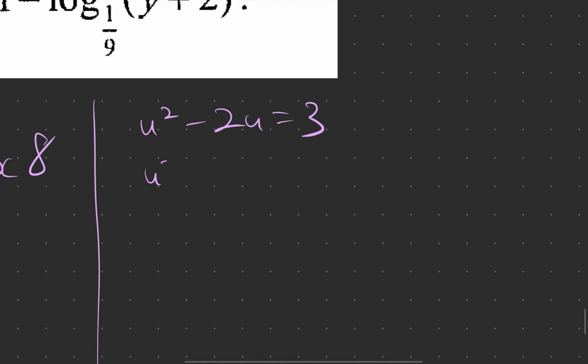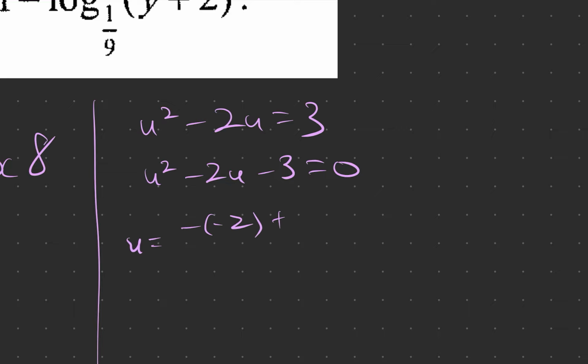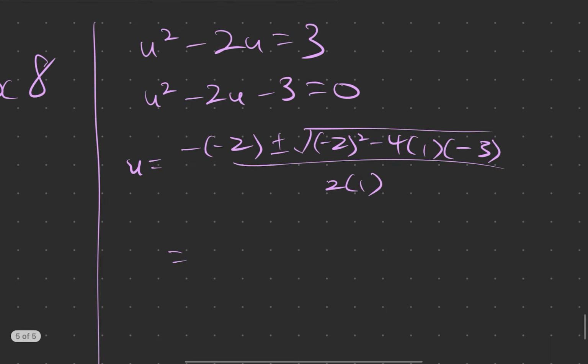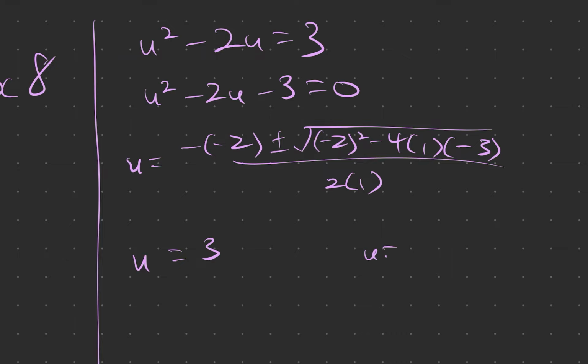Then I'm going to move the 3 over, so again we get a quadratic equation. So use the quadratic formula to help us out again. u equals negative 2 plus or minus the square root of negative 2 squared minus 4 times 1 times negative 3, over 2 times 1, which will give us u equals 3, or u equals negative 1.